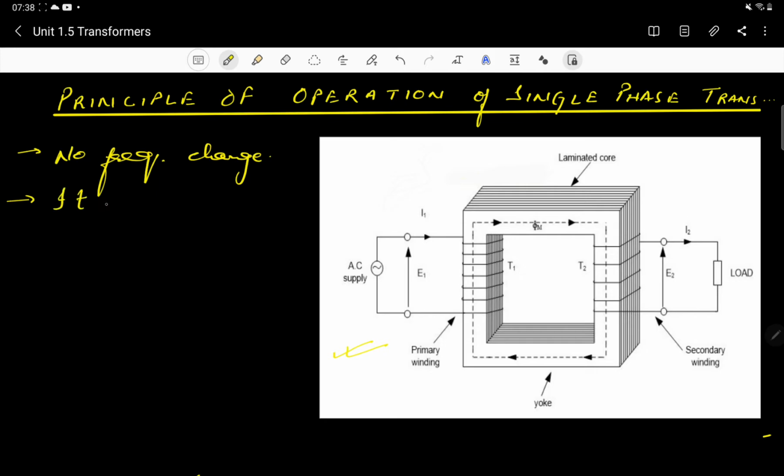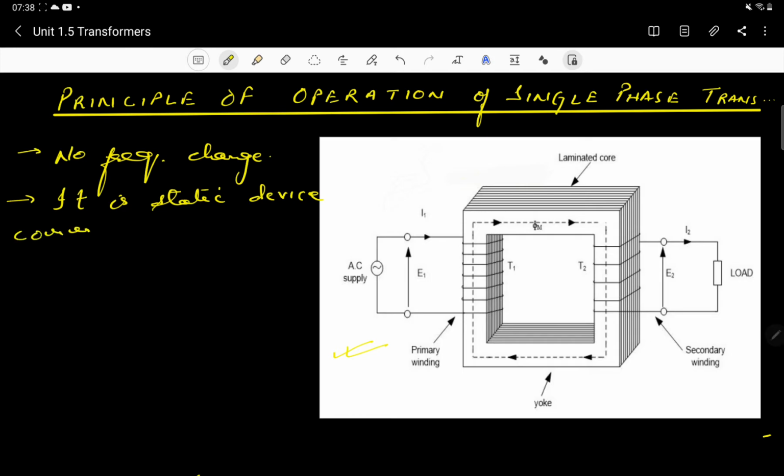It is a static device which consists of two electric circuits interlinked by a common magnetic circuit.